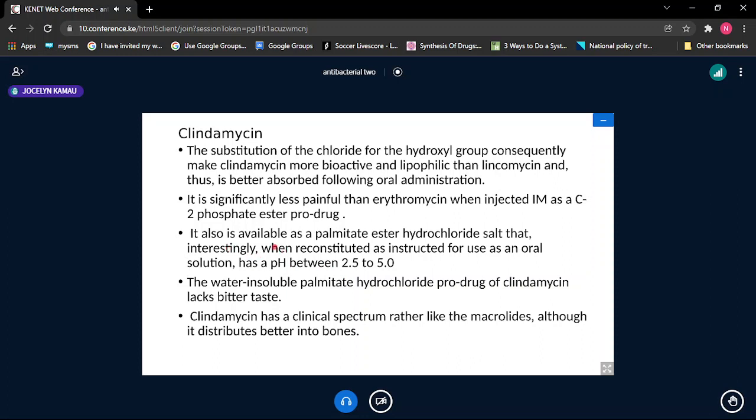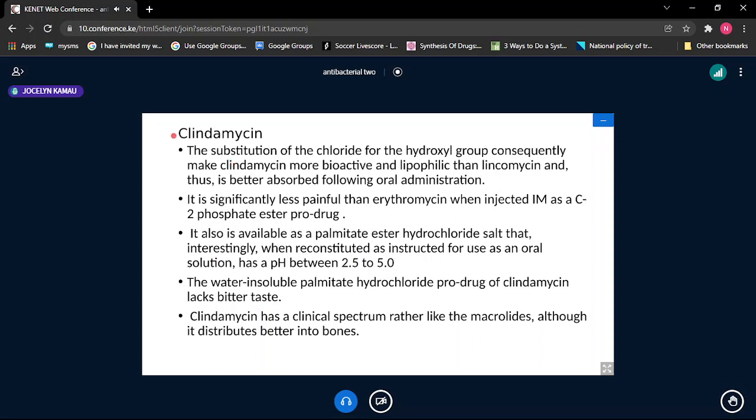So you're also saying that hydroxyl group can be esterified with palmitic acid to give us clindamycin palmitate. But you can actually do a derivatization at 2 points: at that hydroxyl group at position number 2, and then you also add hydrochloric acid, and the hydrochloric acid is going to be around the nitrogen.